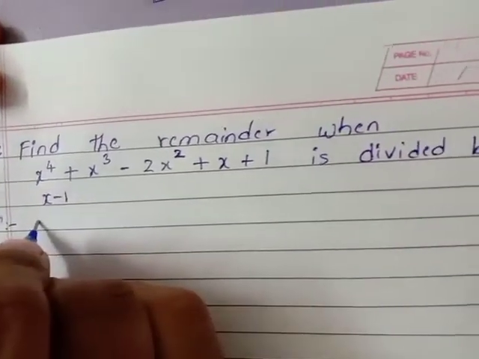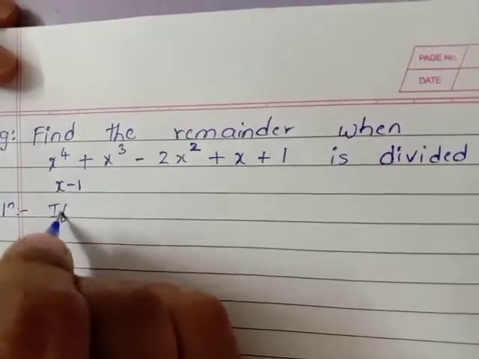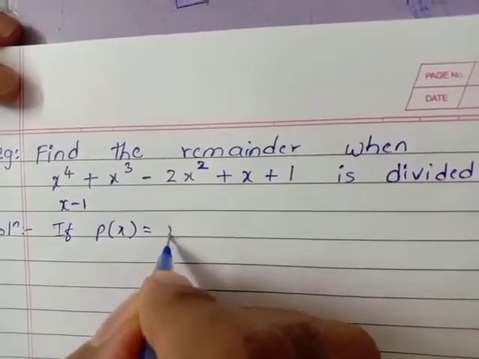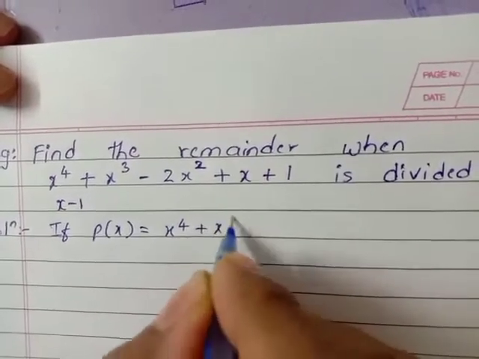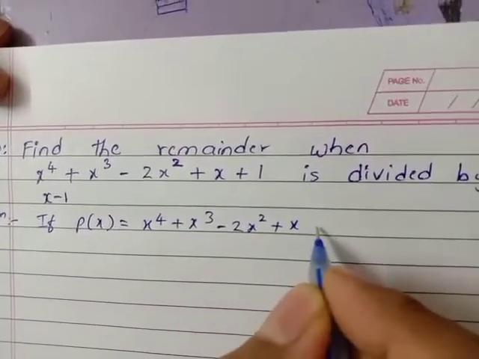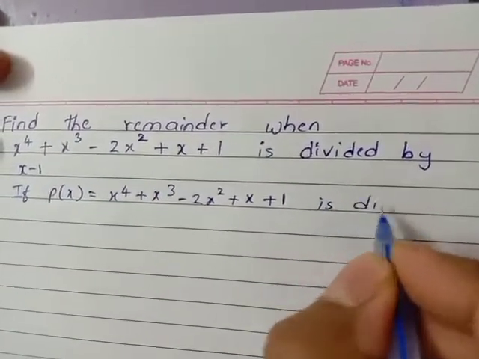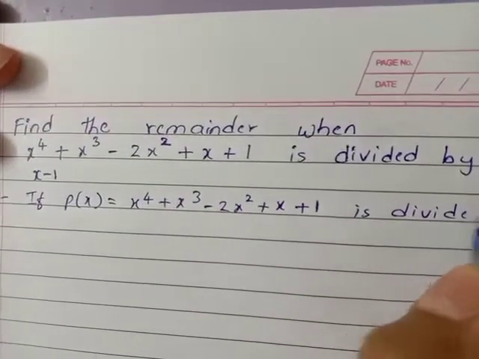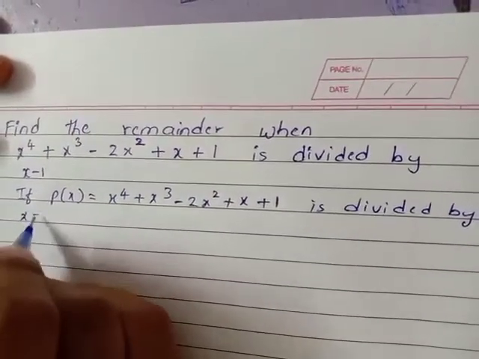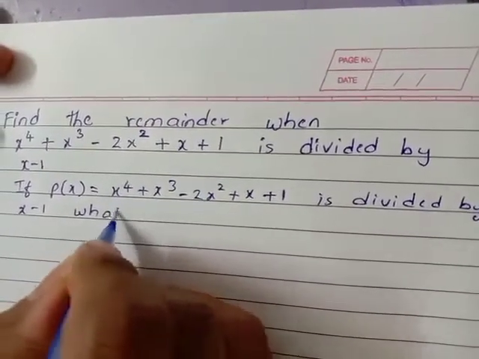How will we find it out? If p(x) equal to x raised to 4 plus x raised to 3 minus 2x square plus x plus 1 is divided by x minus 1, what is the remainder?